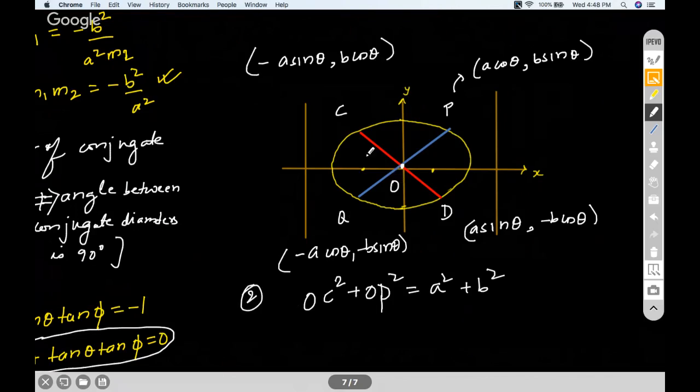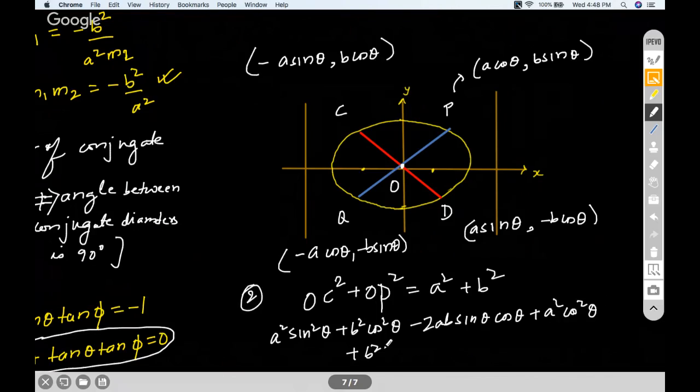So OP and OC square is just nothing but the distance of them. That means OC square is going to be A square sin square theta plus B square cos square theta minus 2AB sin theta cos theta, and OP square is A square cos square theta plus B square sin square theta plus 2AB sin theta cos theta.